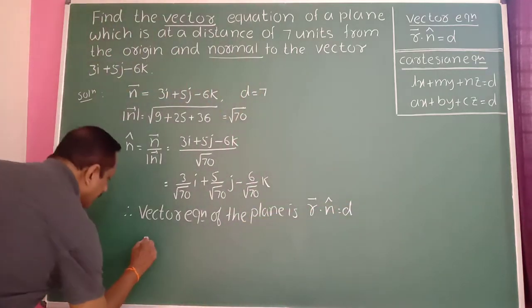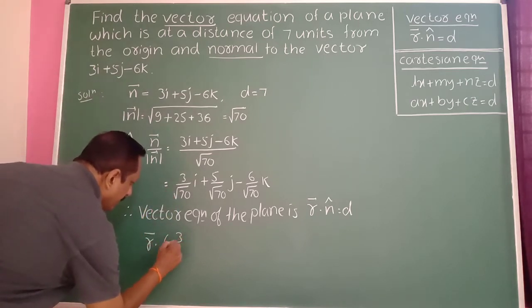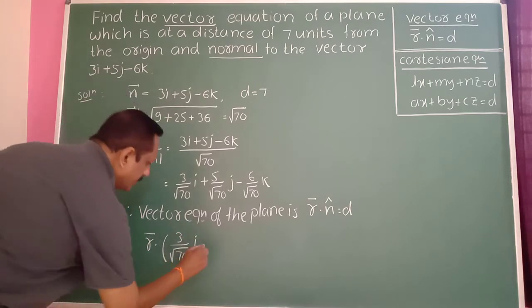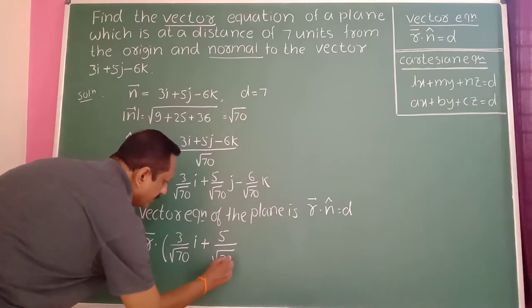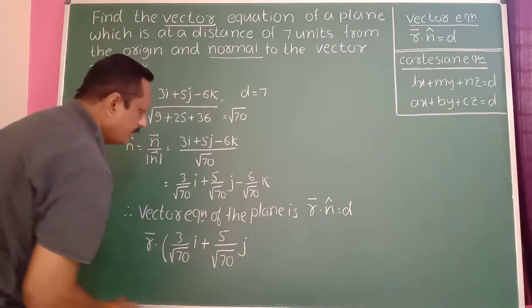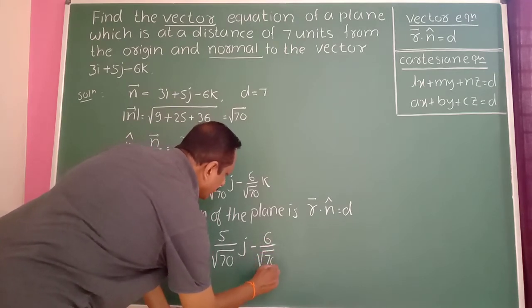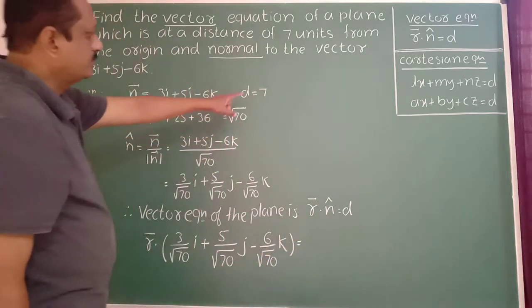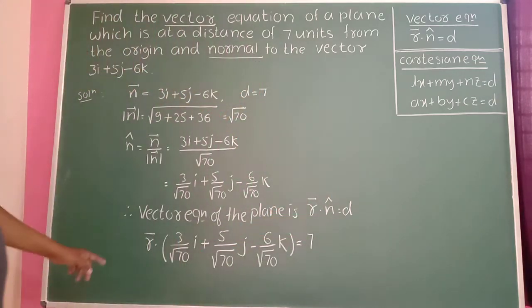Hence vector r bar dot of 3 divided by root of 70 into i plus 5 divided by root of 70 into j minus 6 divided by root 70 into k is equal to d, which is 7. So this is the vector equation of the plane.